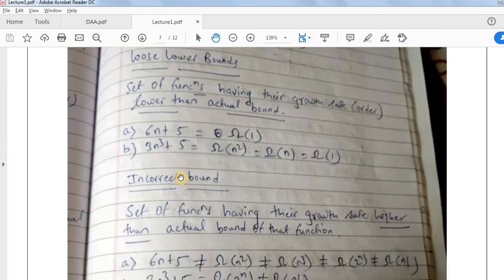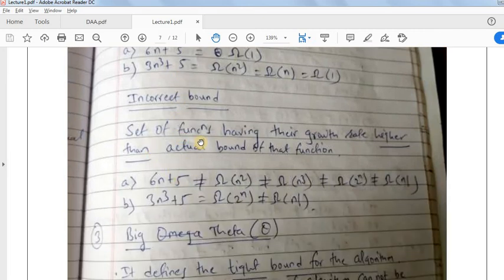So what will be incorrect in this notation? The set of functions which have their growth rate higher than the actual bound of that function. If I say 6n plus 5 equals omega of n square, it will be totally invalid, because in case of omega notation, our interest is in finding lower rate functions.